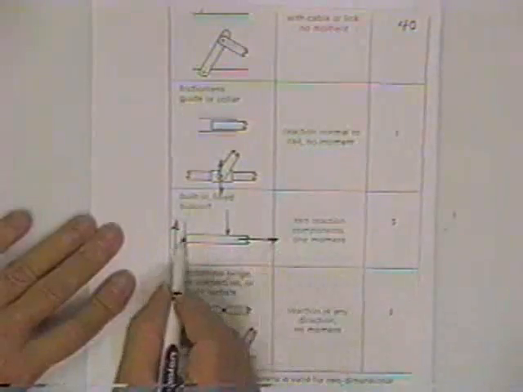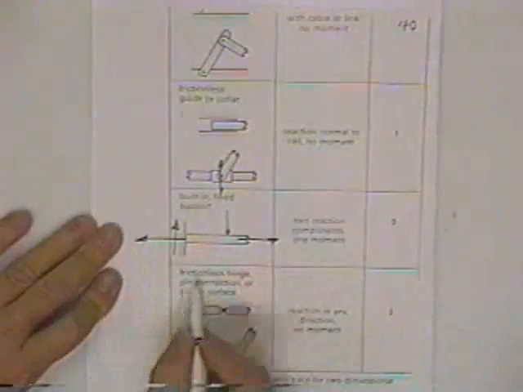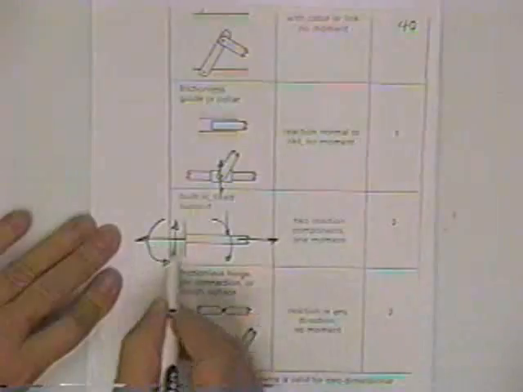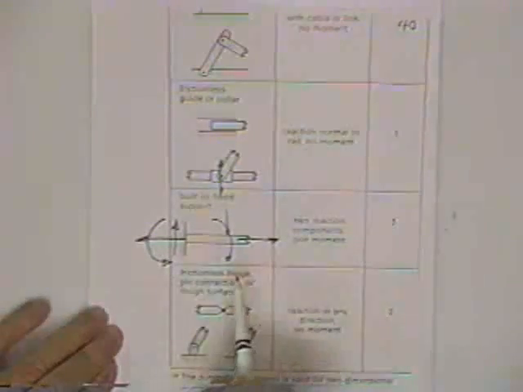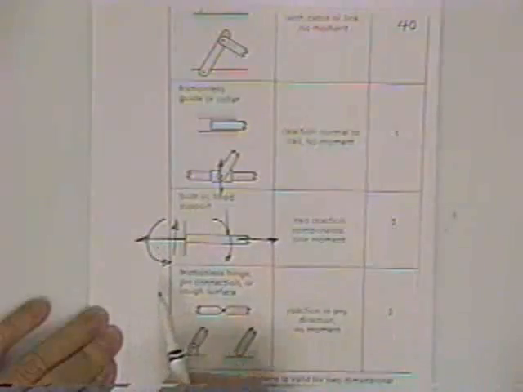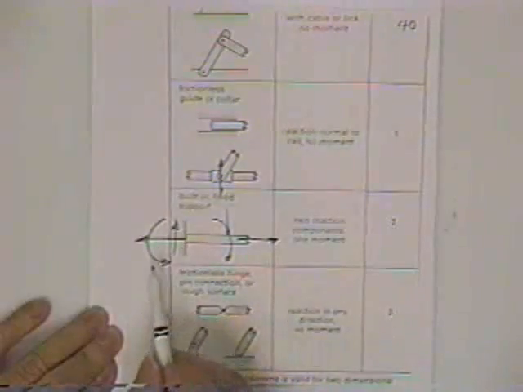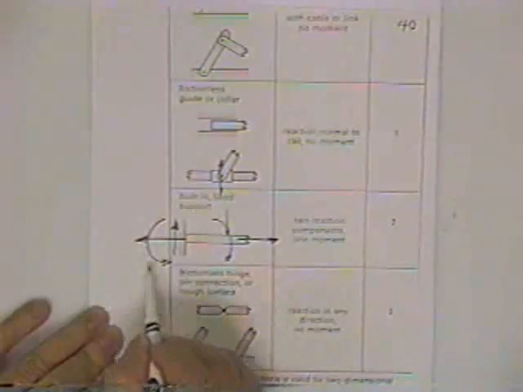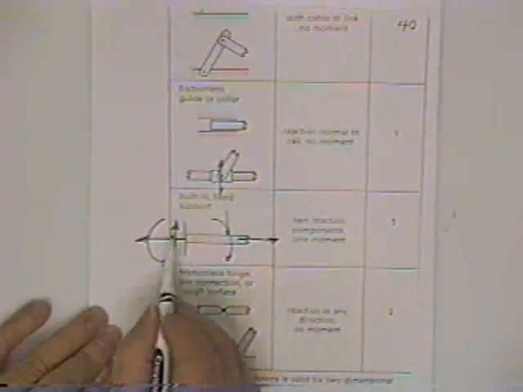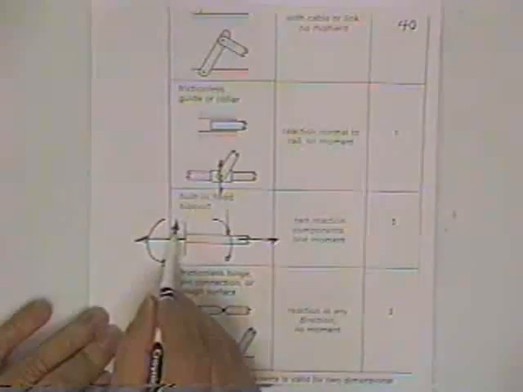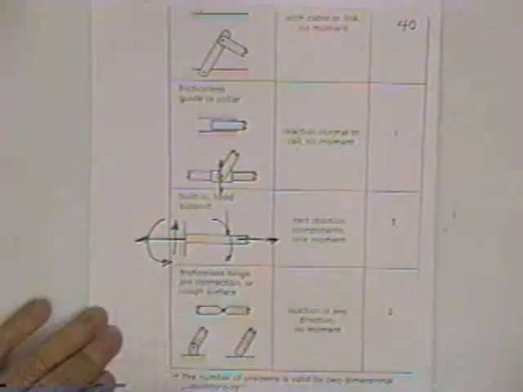If you pull on them, they will resist. If you bend them, they will resist. So a built-in fixed support has the possibility of 3 support reactions, all of which would be unknown. All of these arrowheads would not be guaranteed to act in that direction. You'll have to guess an arrowhead, and then when you solve for it, if this arrowhead comes out minus, it means the arrowhead properly belonged on the other end.